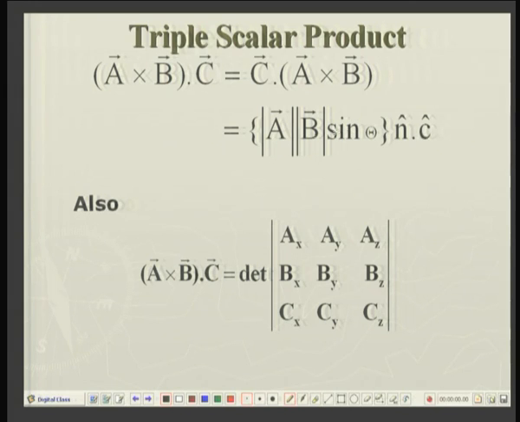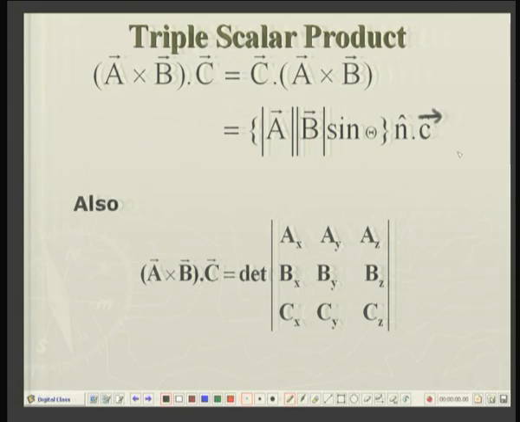So, this is the cross product of A and B, and the direction of this product is the unit normal n, which should be dotted with the vector C. Okay.